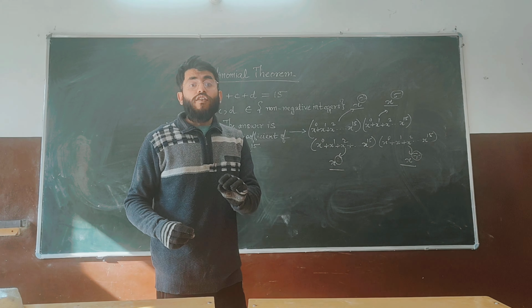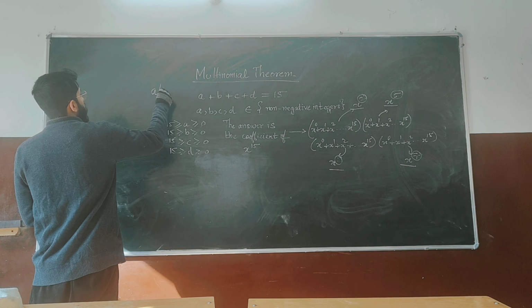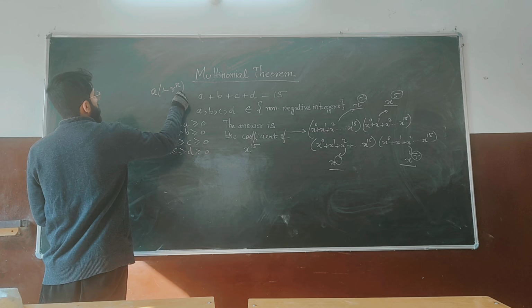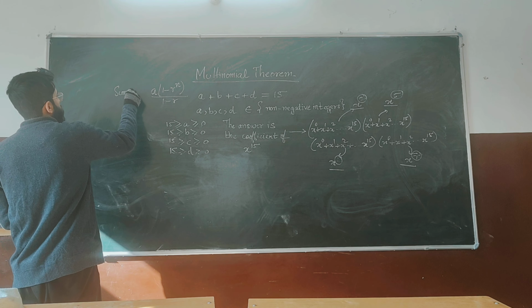As we know, the formula for a finite GP series is A into 1 minus common ratio to the power number of terms, divided by 1 minus R. Okay? Sum of a finite GP.